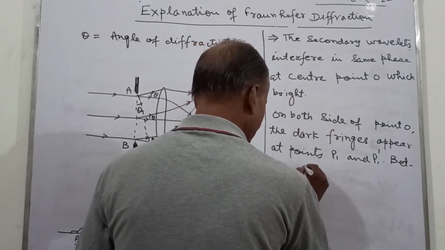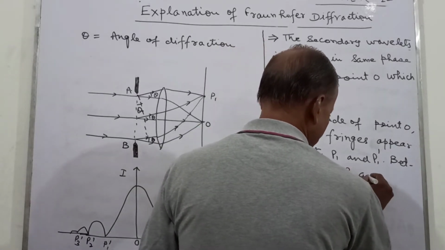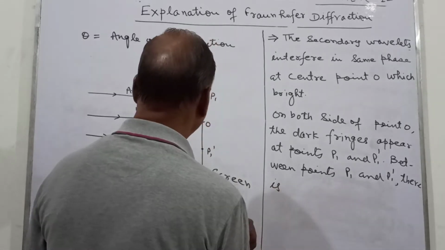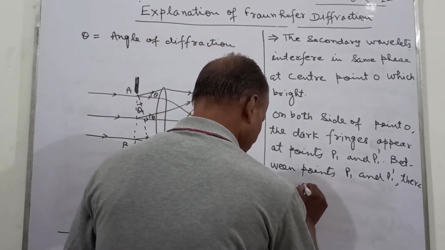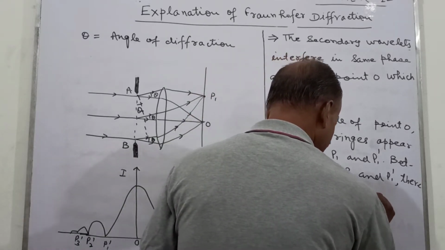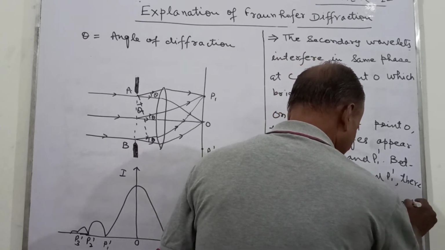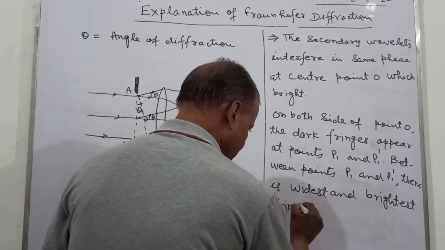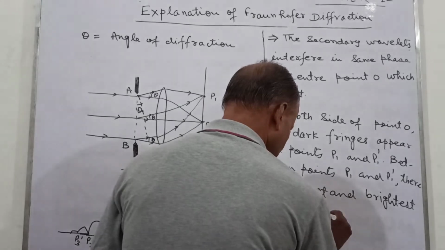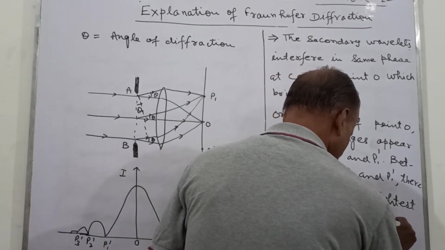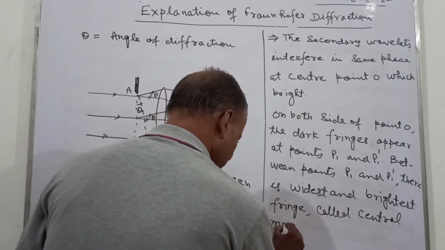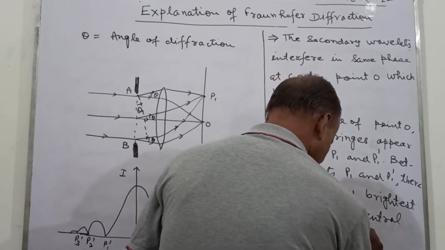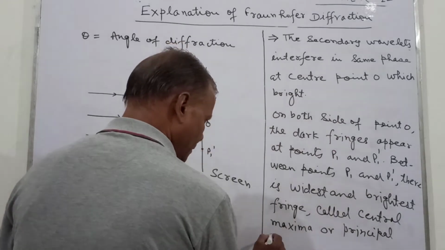Between points P1 and P1 dash there is the widest and brightest fringe, called the central maximum or principal maximum.